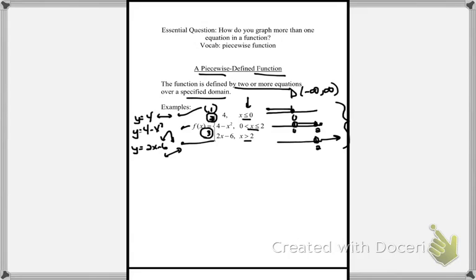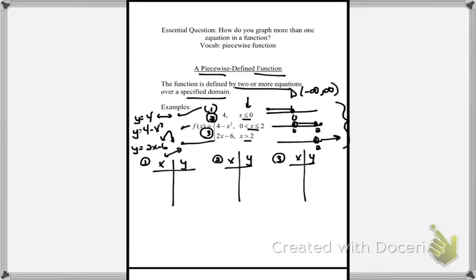Our next step is to make a table of entries for each equation over its restricted domain. So we're going to make an XY table for all three of these equations using their restricted domain.